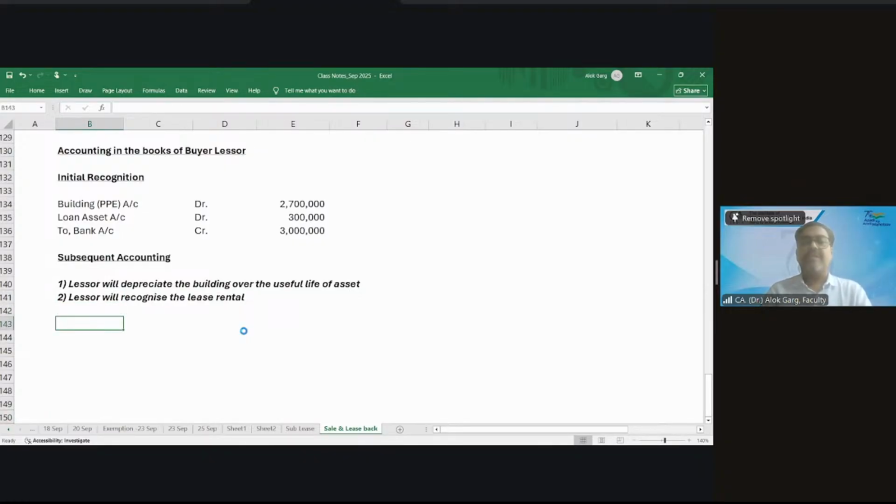So what is the lease rental accounting, and at what value will lessor recognize the lease rental? Every time lessor is getting 2 lakh rupees. It's an operating lease and lessor has given a loan at the rate of 12%.